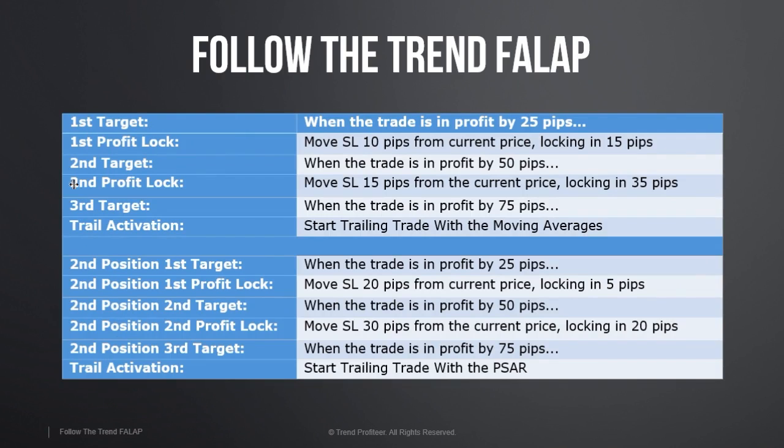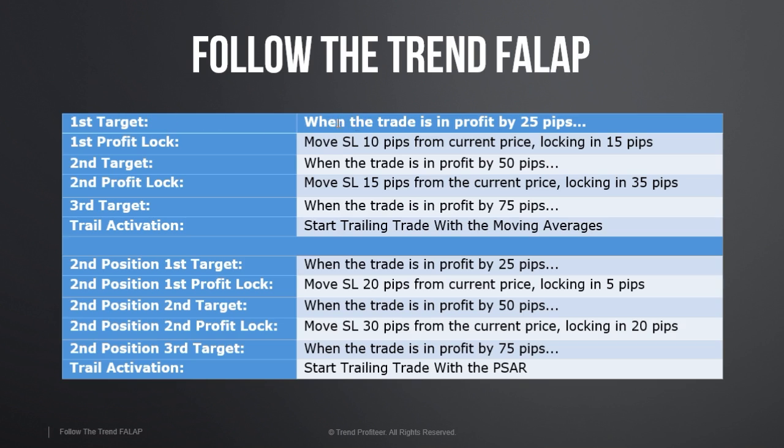In this case, this is an example for a 2-position trade, and you move them at the same profit lock points, so at the first target, second target and third target, but in this case, I've chosen to move the stops at different levels. Otherwise, there's not a lot of point of having 2 positions. It just gives you the flexibility of being able to be tight and aggressive with one and more liberal with the other.